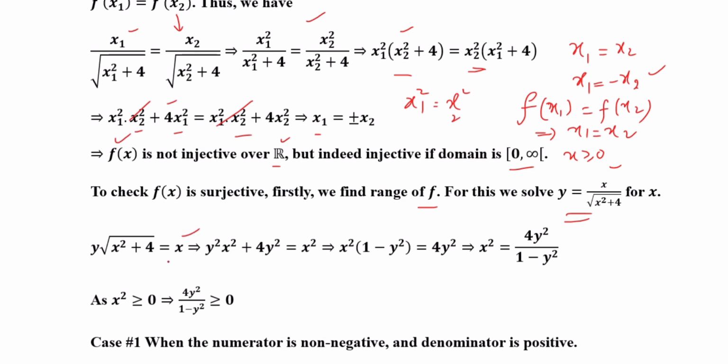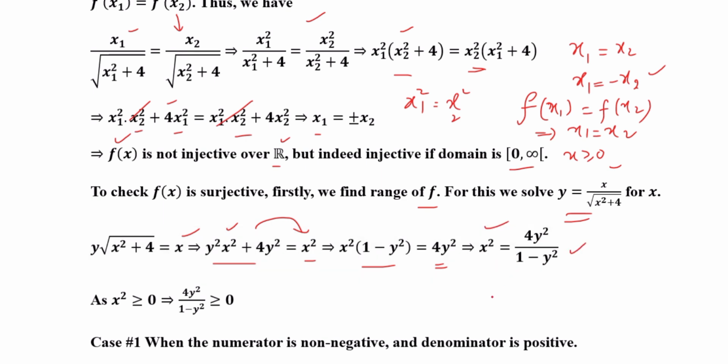By squaring on both sides, we have this expression. By shifting the term y square x square to the right side, we have x square into 1 minus y square is equal to 4y square. And from here, x square is equal to 4y square over 1 minus y square.